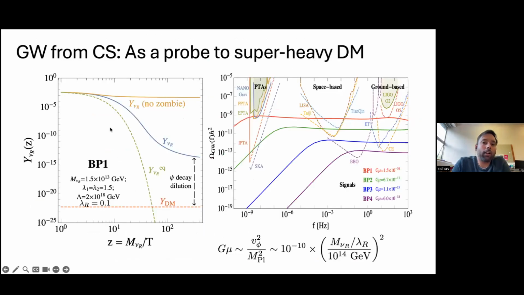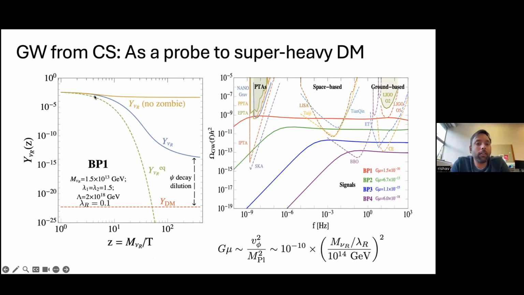So if you look at the plot on the left, this shows the evolution of this dark matter, they call it nu r, with the expansion of the universe. This Z is the dimensionless quantity, which is the ratio of the mass of this dark matter to the temperature.